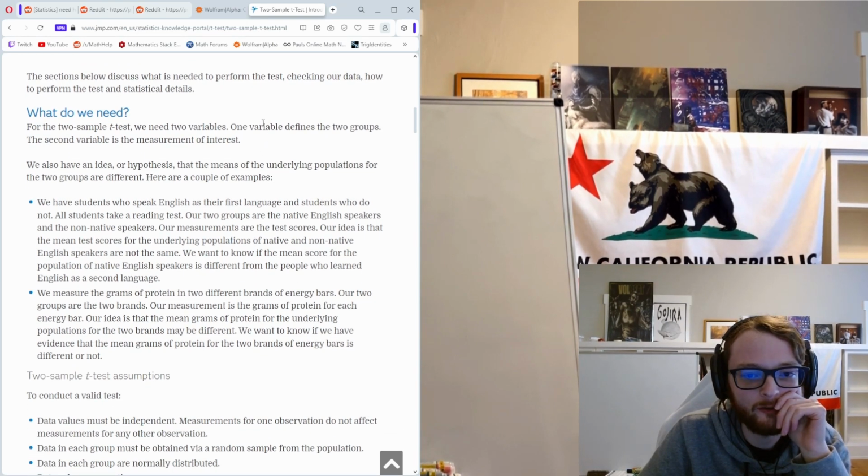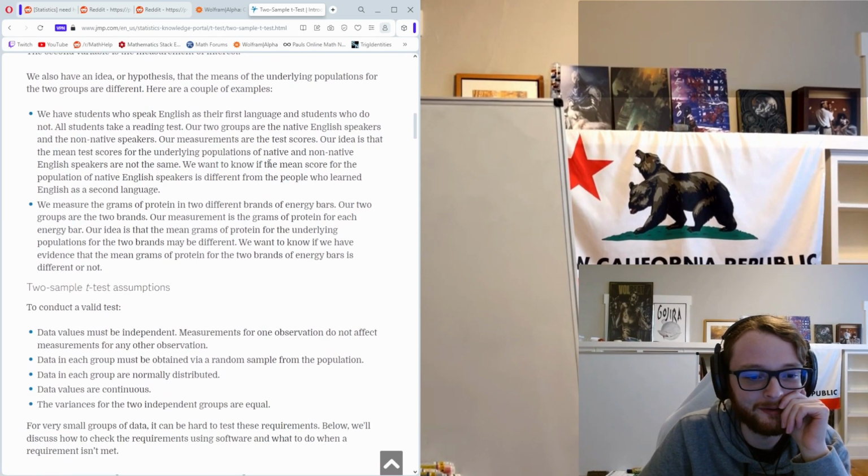One variable defines the two groups, the second variable is a measurement of interest? I guess they did do that X and Y part right. I guess that makes sense. I don't know, I was never taught to do it that way.